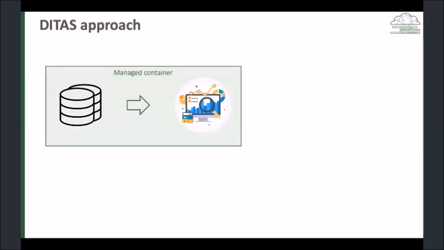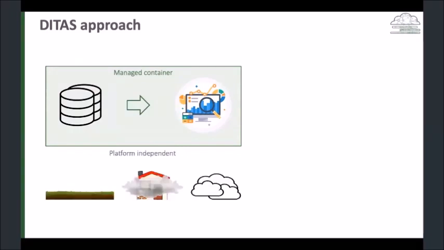Technically speaking, we are using Docker to make this available, so first of all we have the advantage of being platform independent. It means that our container can be deployed either in the fog, in the cloud, or on the edge without any problem. This is to simplify the life of the developer.